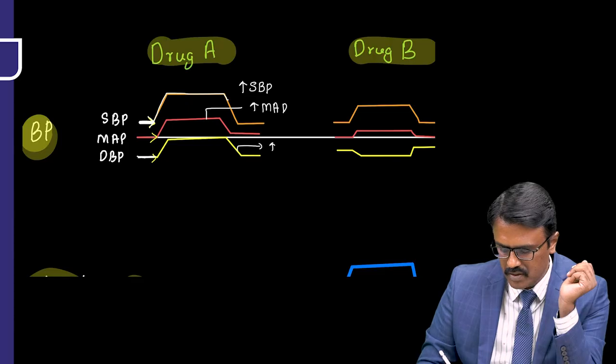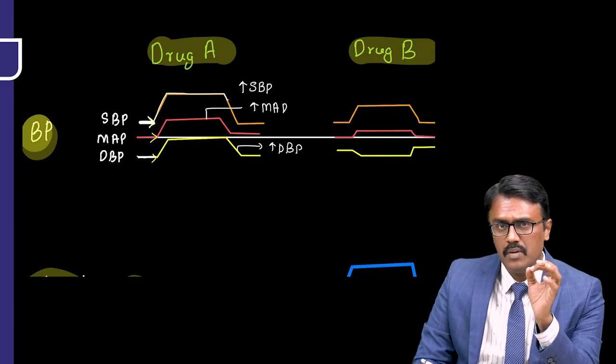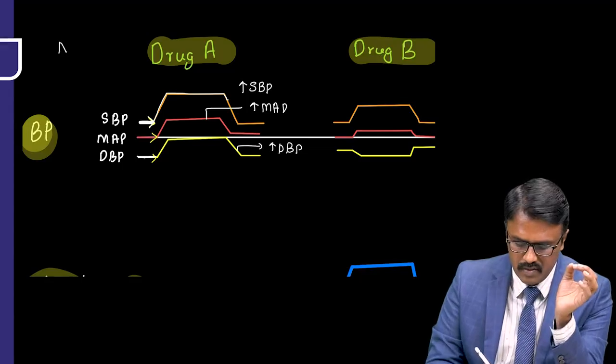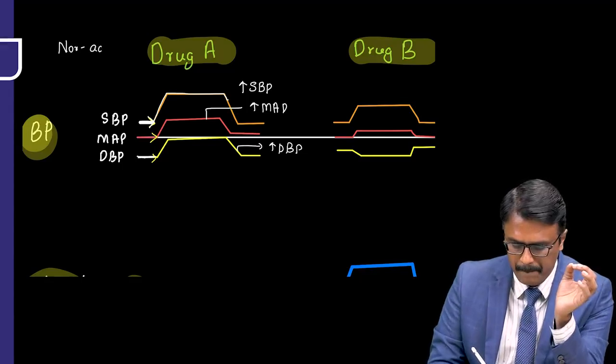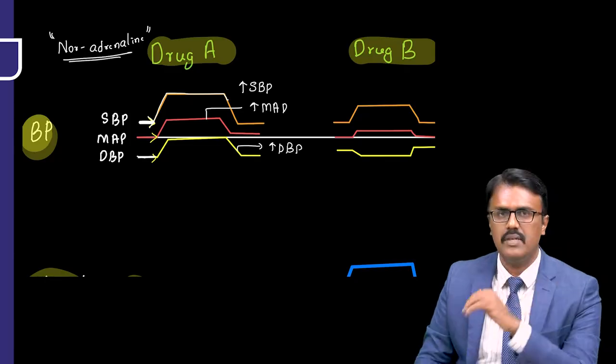So what is the drug which can increase all the pressures? Yes, your answer is correct. The drug is noradrenaline. Noradrenaline can increase all the pressures, so it can be the answer. Let us assume it is noradrenaline.